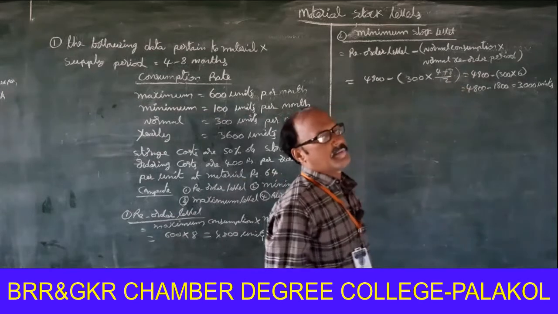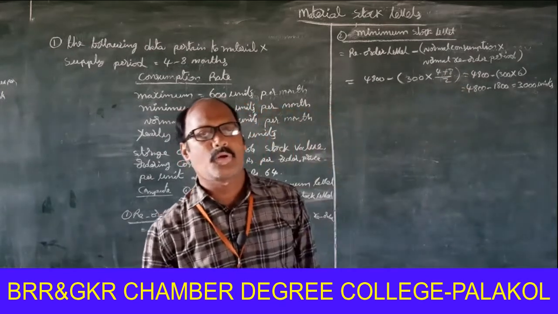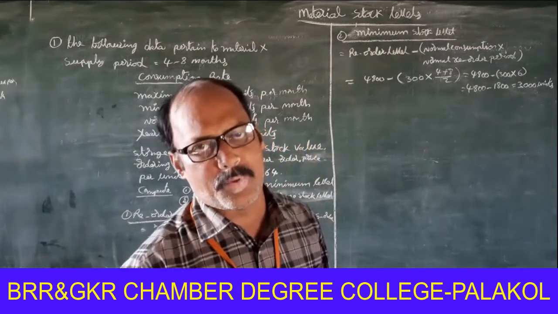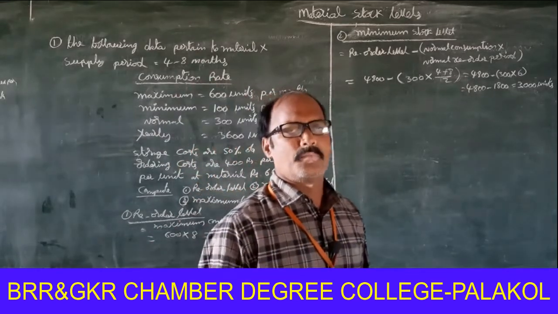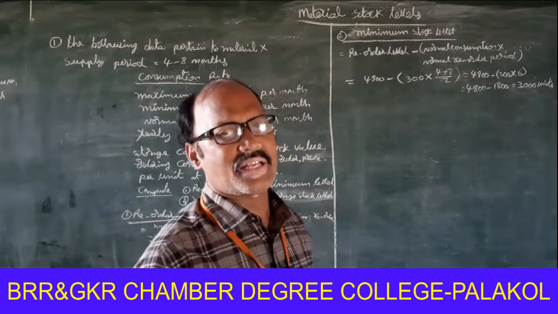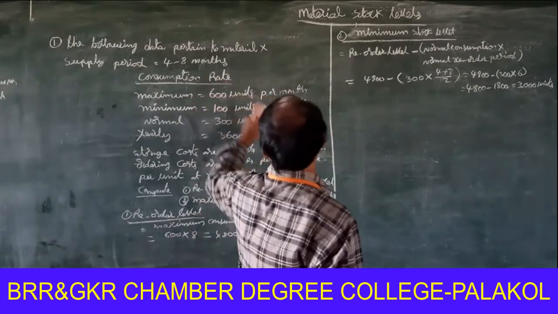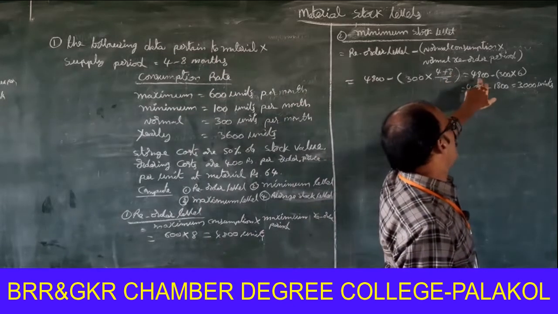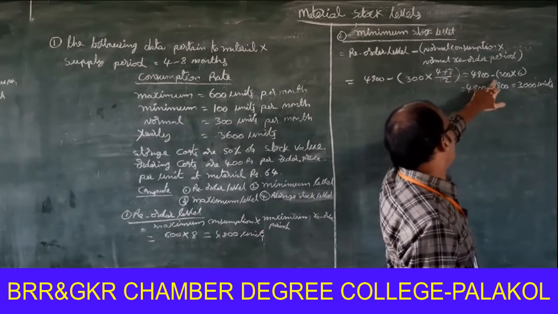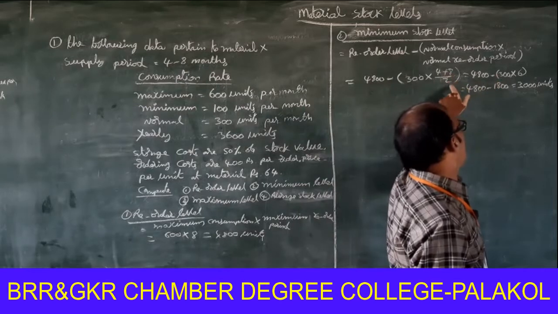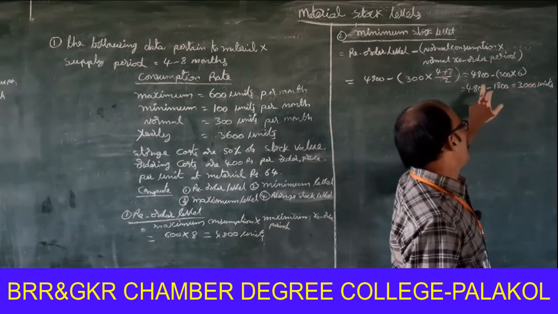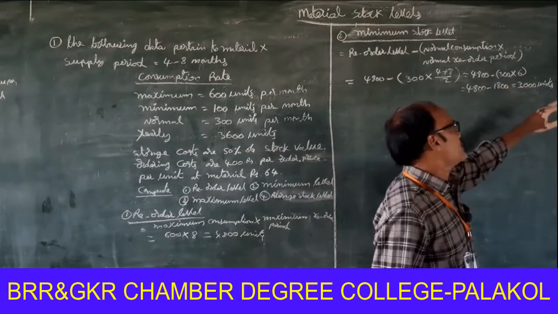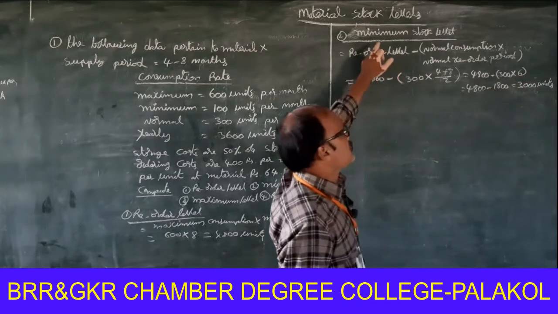The normal reorder period is not available directly in the problem. For calculation of normal reorder period, the following principle is to be applied: minimum reorder period plus maximum reorder period by 2. So 4 plus 8 by 2, that is 6. So 4800 minus 300 into 6, 1800, 3000 units is to be treated as minimum stock level.